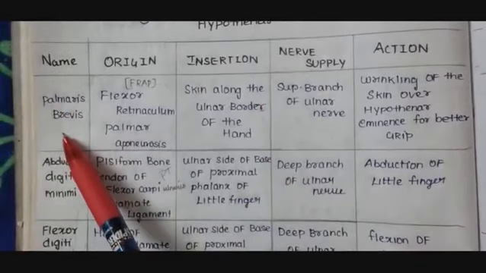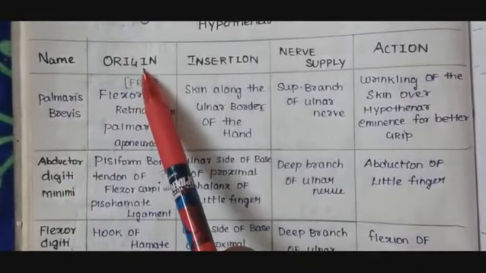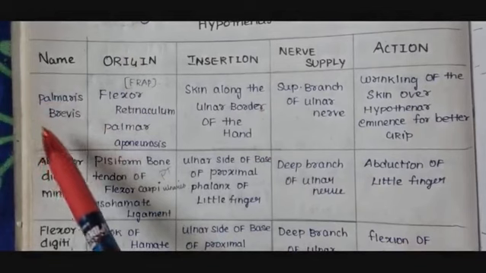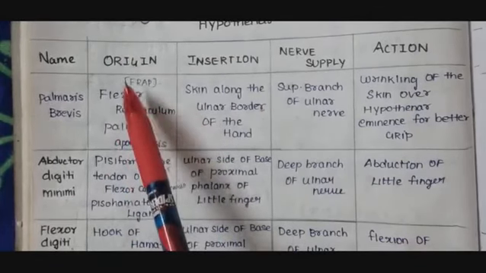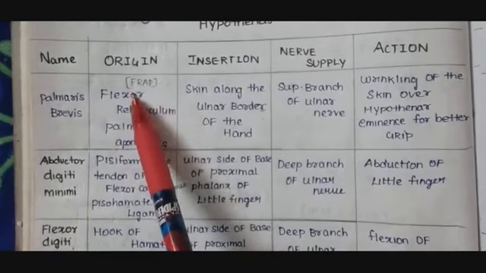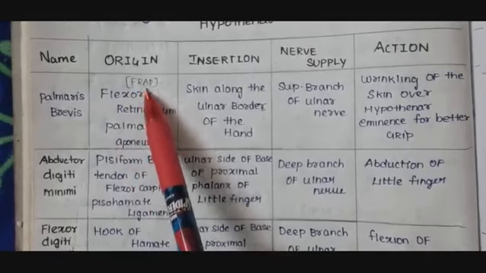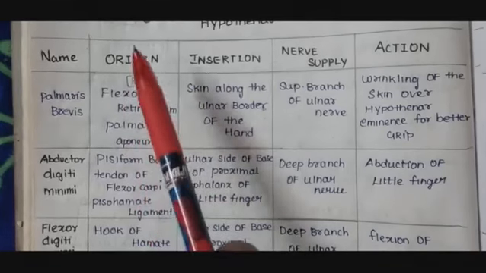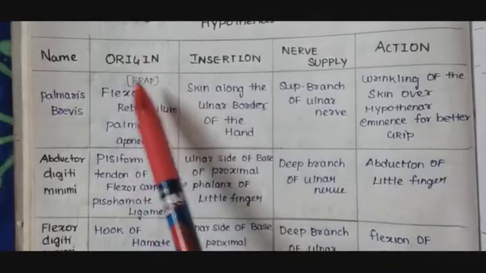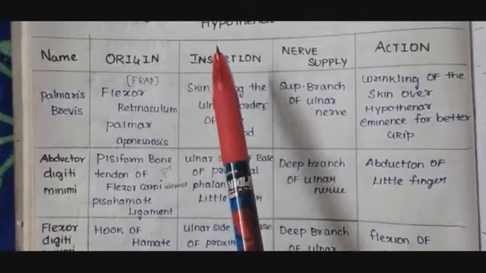Palmaris brevis. Origin. In order to remember the origin of the palmaris brevis muscle, just try to remember the mnemonic FRAP. In that, FR stands for flexor retinaculum, whereas AP stands for palmar aponeurosis. Insertion.